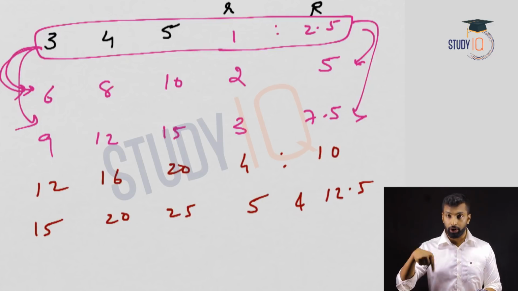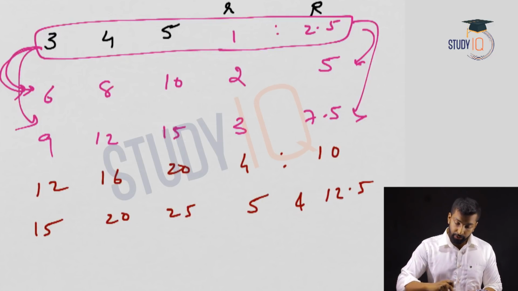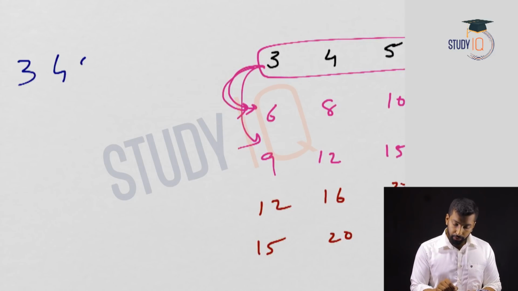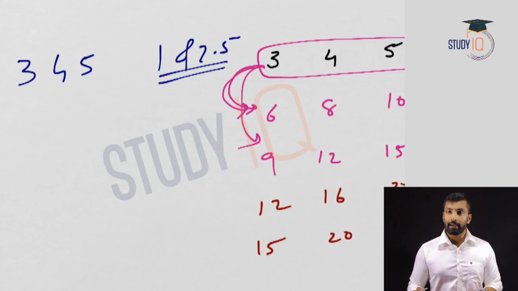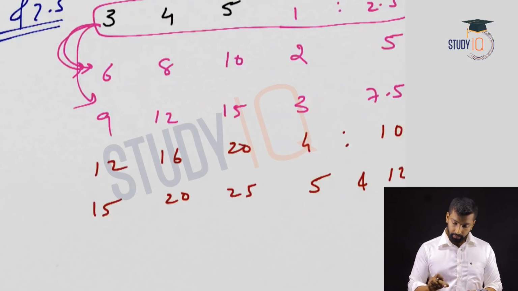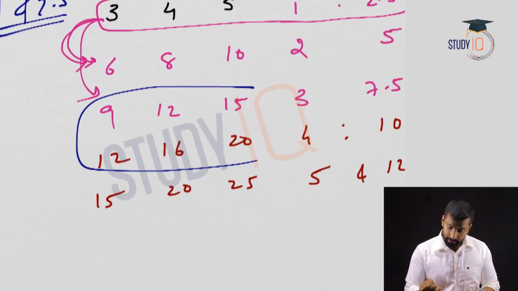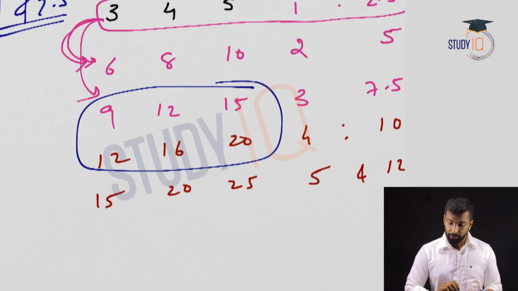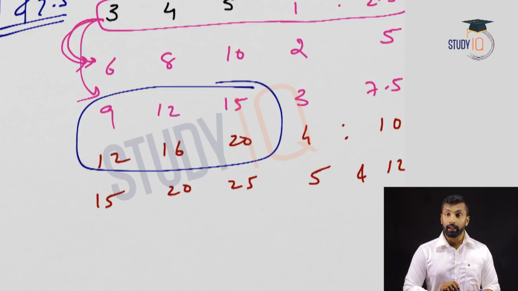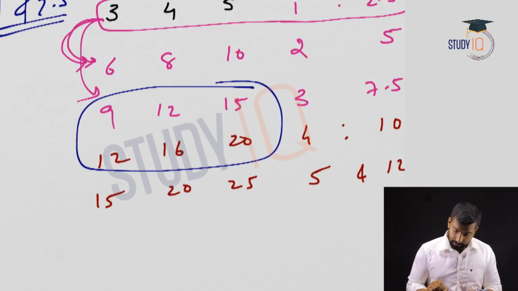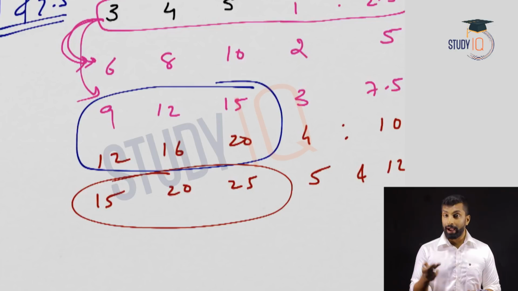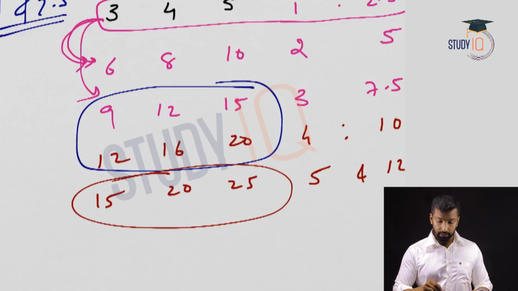Now if you know that 3, 4, 5 is 1 and 2.5, what was our triangle here? Where is the triangle? These two are the triangles, right? 9, 12, 15 and 12, 16, 20. The outer triangle given was this. Why was that given? Because there is a possibility of making two inner triangles with this value.